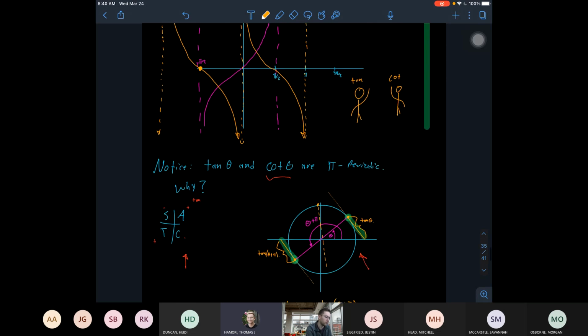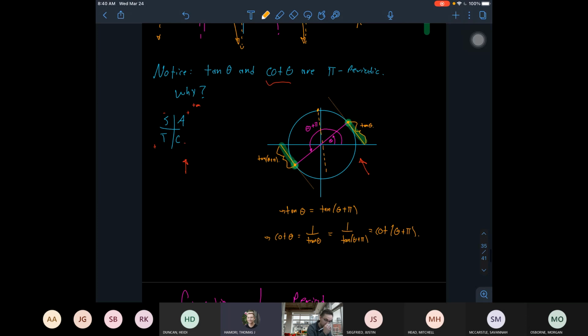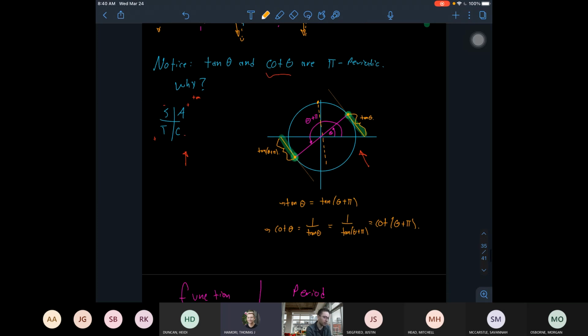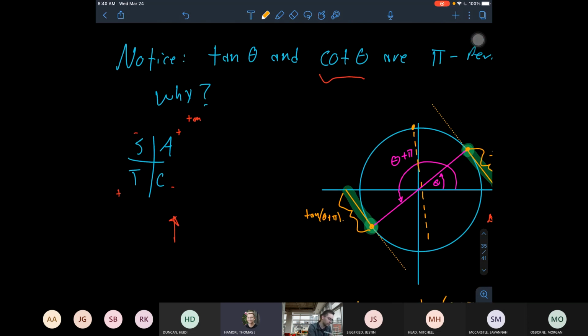Okay, and we kind of finished up by talking a little bit more about periodicity, and we were discussing why we should expect tangent and cotangent to be pi periodic. The reason was because, well, we have 6 different reasons for it, but I'll focus on the ASTC reason.